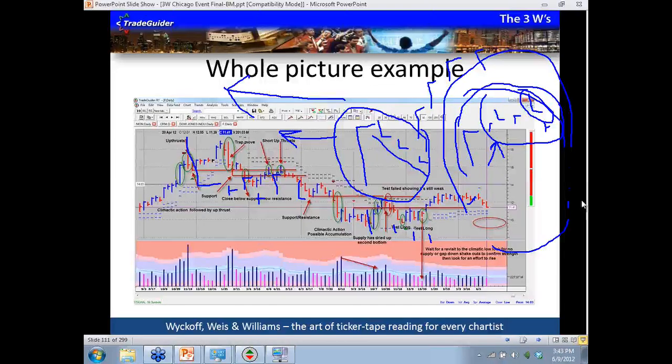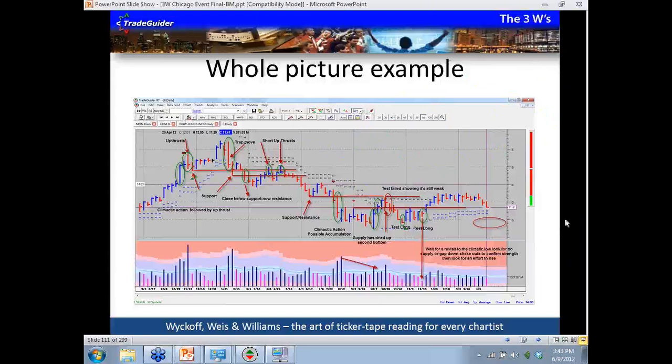So when I think of accumulation and distribution, I think of M's and W's. What creates those M's?